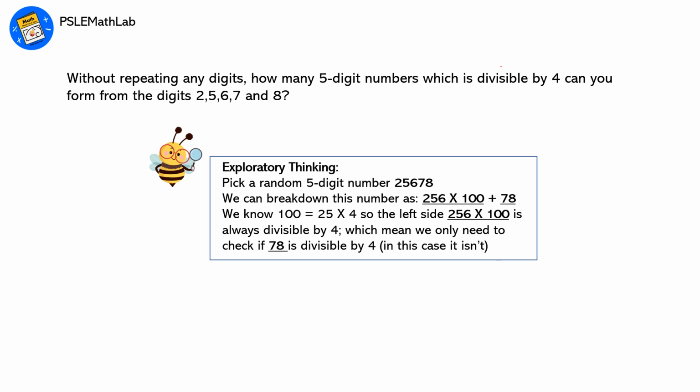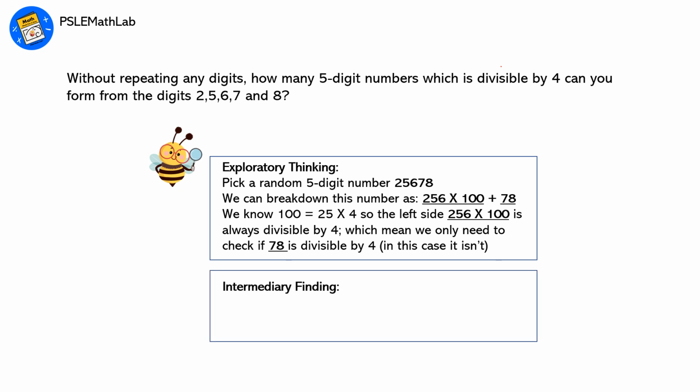In fact, 100 is equal to 25 times 4. So the left side, 256 times 100, is always going to be divisible by 4. This means we only need to check if 78 is divisible by 4 to know whether this 5-digit number is actually divisible by 4. Of course, in this case, 78 is not divisible by 4.